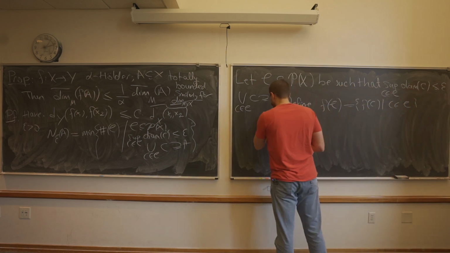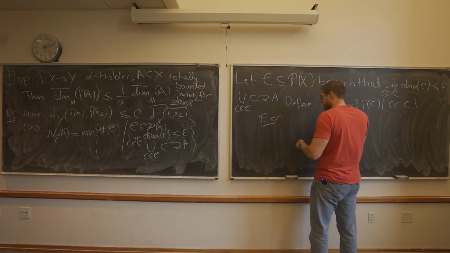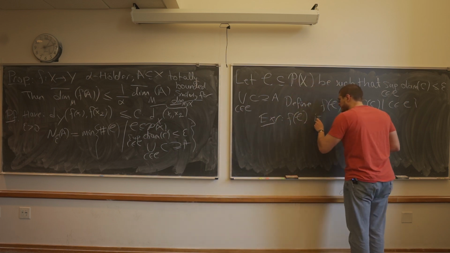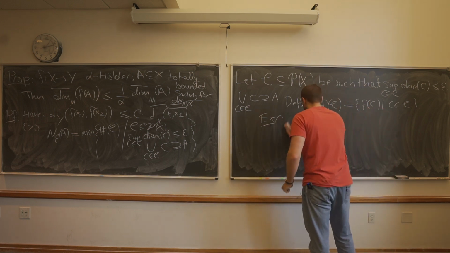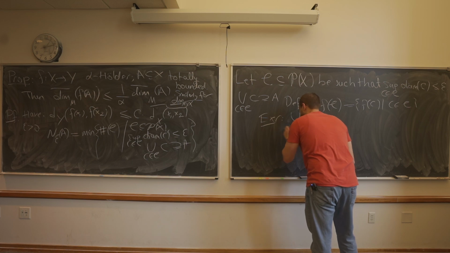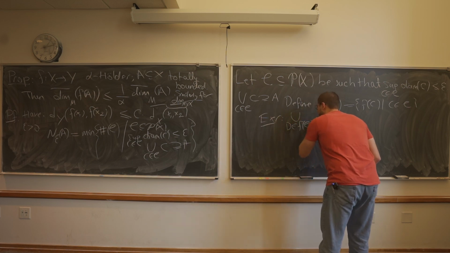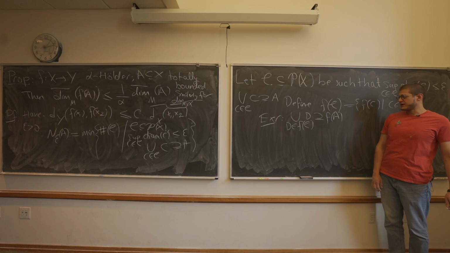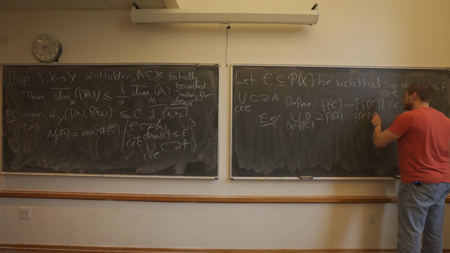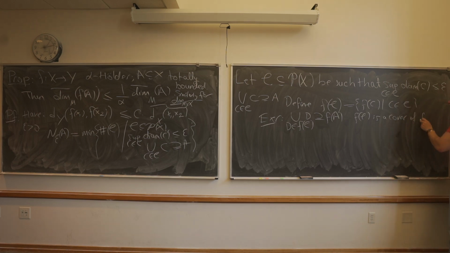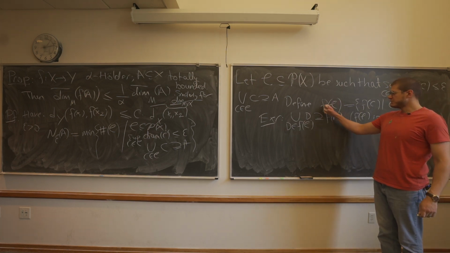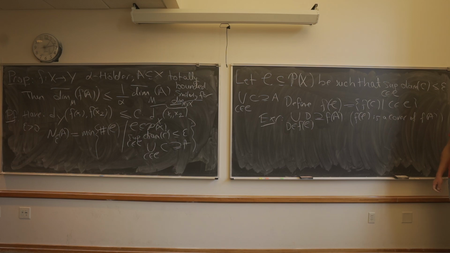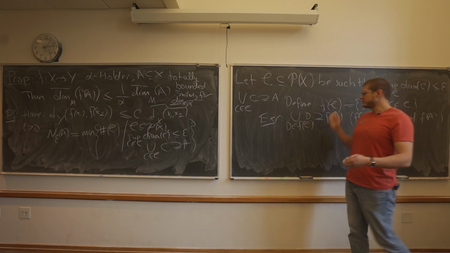Okay, exercise. So this is indeed a cover of the image of A. Second, the number of cells in f of C cannot be larger than the number of cells in C, because maybe f is such that some of the cells coincide when you apply f.